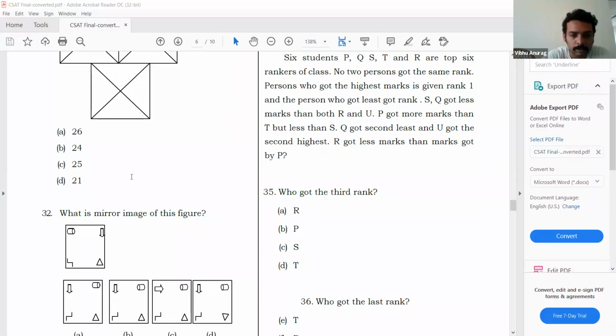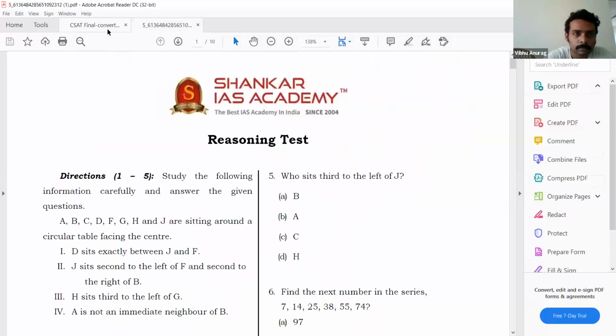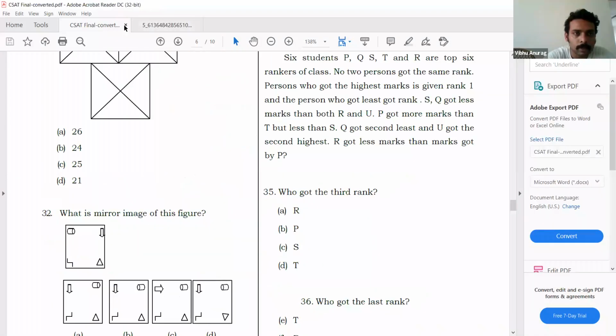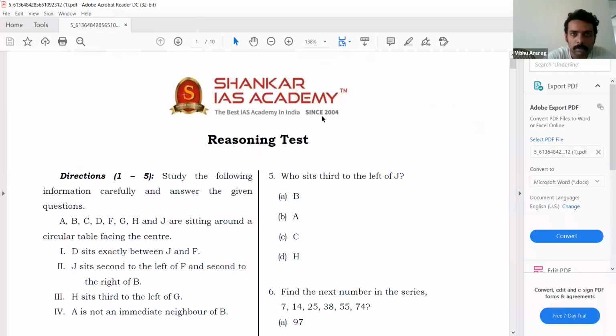Okay. So let's just open the version that you have, so these kind of doubts will not be there. Okay, I got it. I am opening it now. I'll close the old one. I guess, yeah.